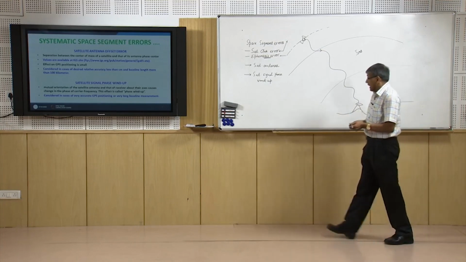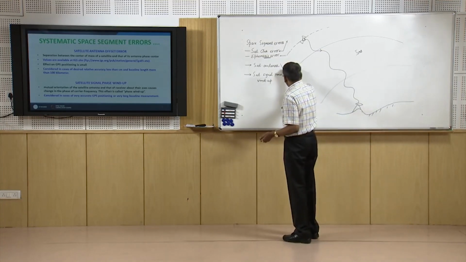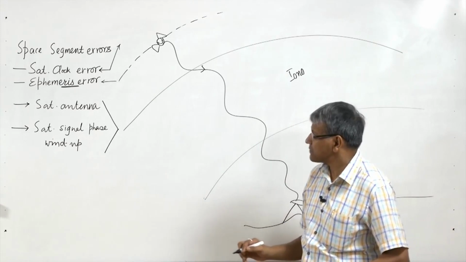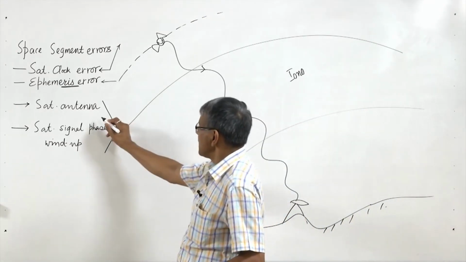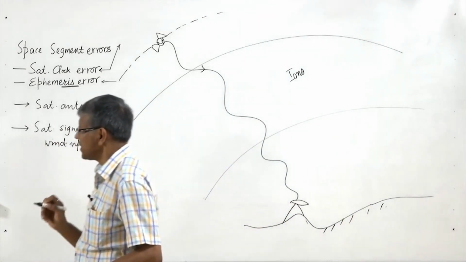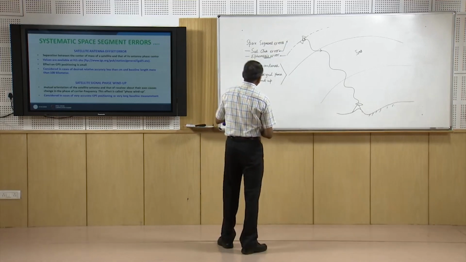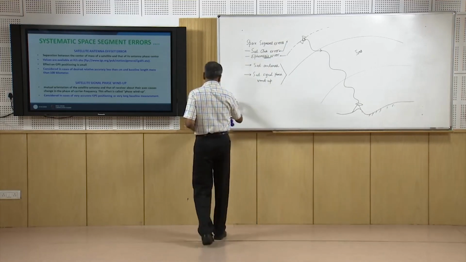These two errors are very minute, but for very precise estimation of position, they should be taken into account. So, this is all about the space segment error.